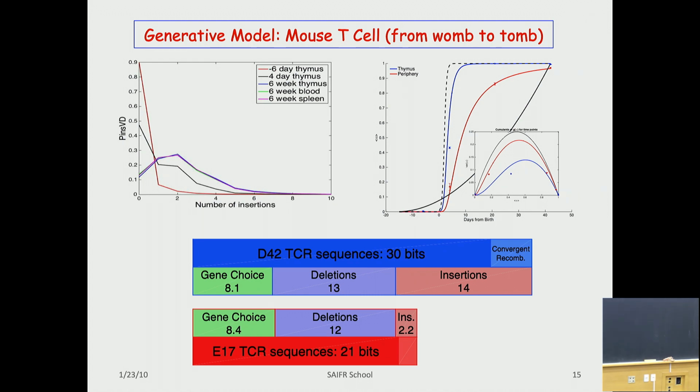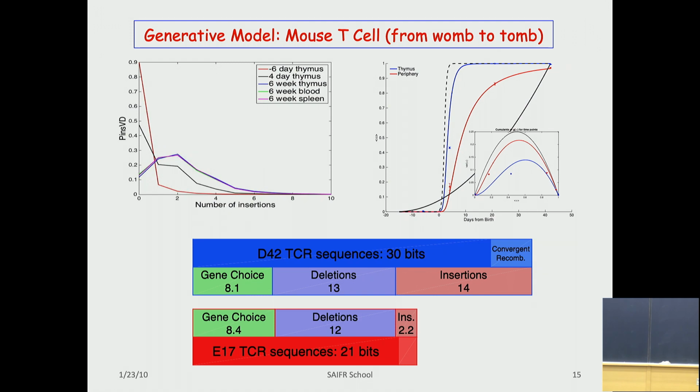That is from a fetus that is a few days away from being born. I forget exactly what the gestation period is, but you'll notice that it's very different in the sense that most of the time there are no insertions. There's a small probability of one insertion, and then the probability of higher numbers of insertions is dramatically lower.